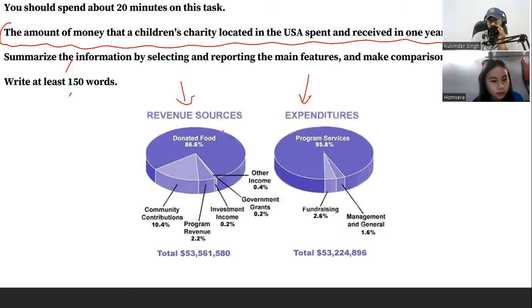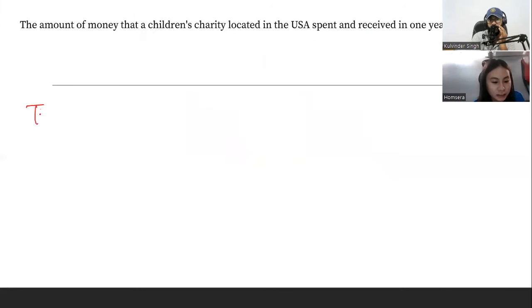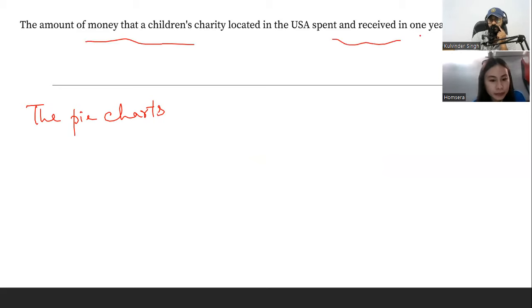Which charts are these? It's a pie chart. Is it a chart or charts? Charts, because there are two. The pie charts, right? Here they have not written the word show, but they are showing us the pie chart.